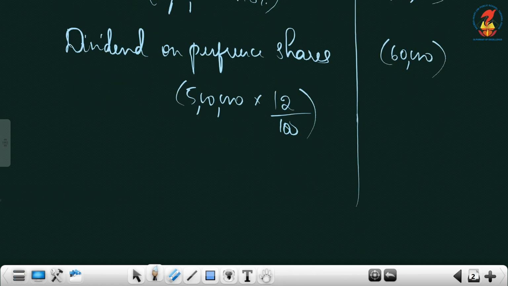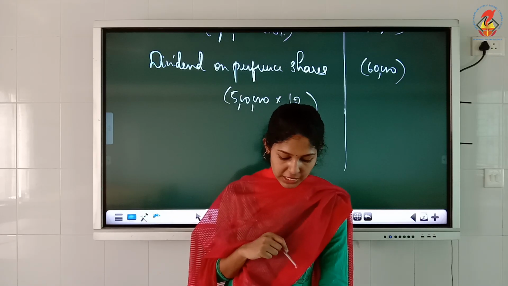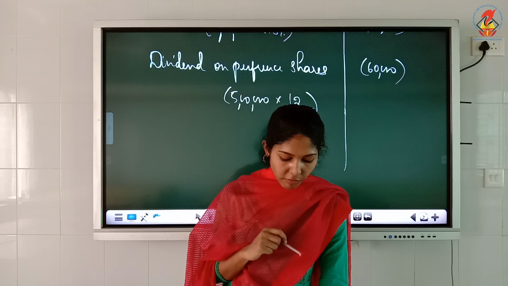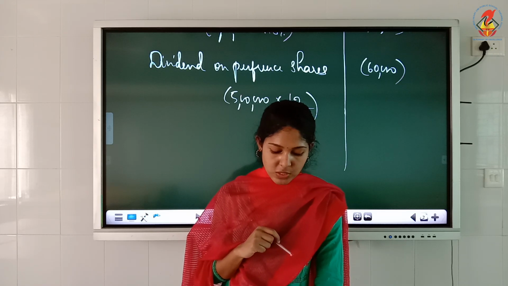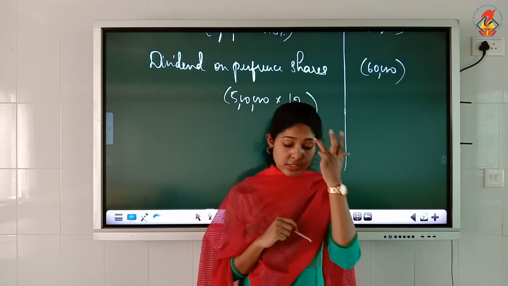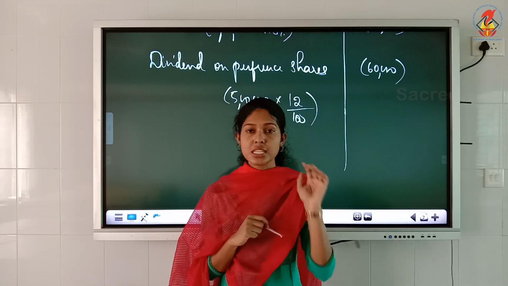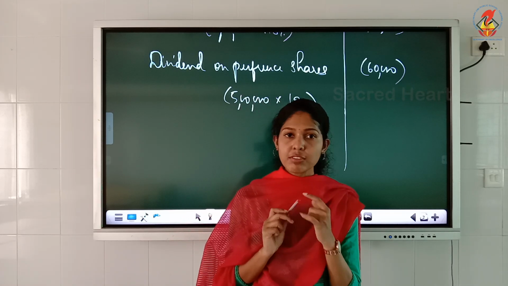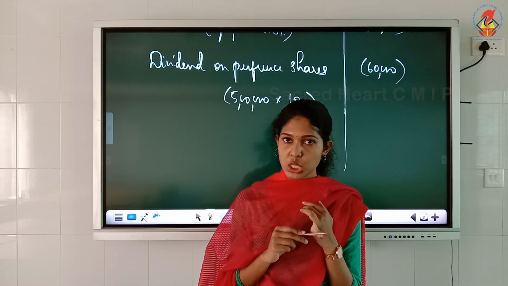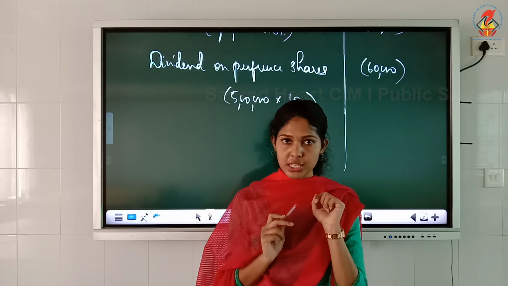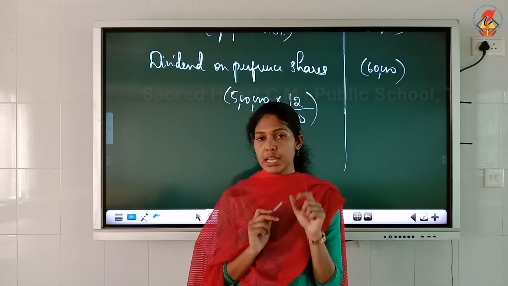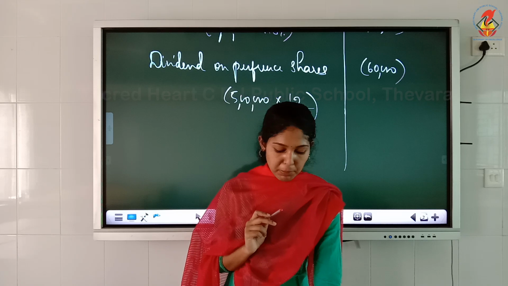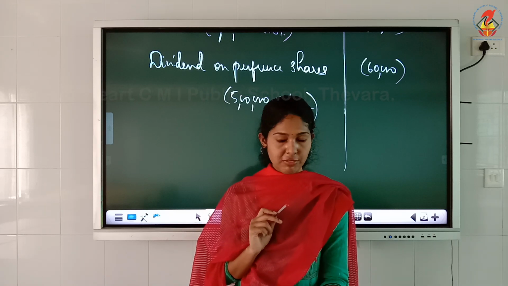Then preference shares, third adjustment, preference shares were redeemed at a premium of 5% on 31st March 2020. Okay, so the redemption is done at a premium. Just like we issued shares at a premium, equity shares were issued at a premium, that time we considered that premium amount. Similarly, here also there is a premium of 5% on preference shares.